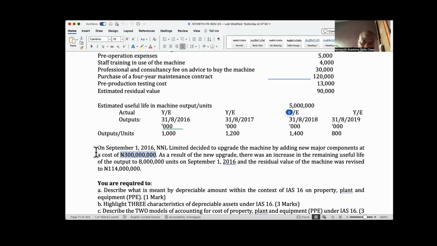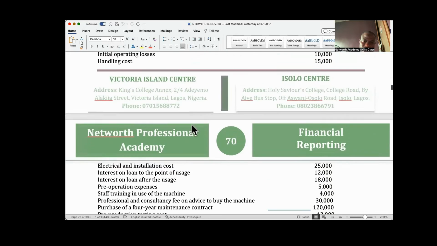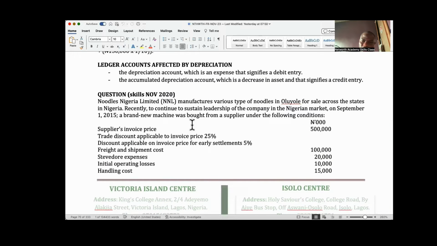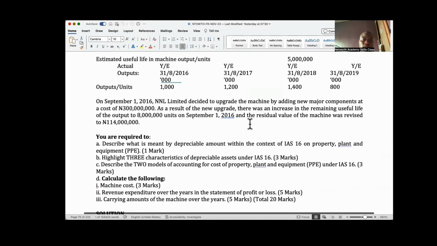Because this is a subsequent cost that was incurred at the beginning of the second year. Because the beginning of the year is September 1st, 2015, so this September 2016 is the beginning of the second year. They upgraded the machine with additional costs and it improved the useful life to 8 million. So that means this cost should be capitalized.